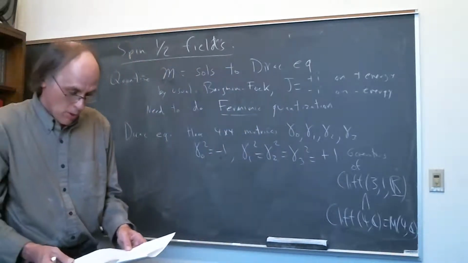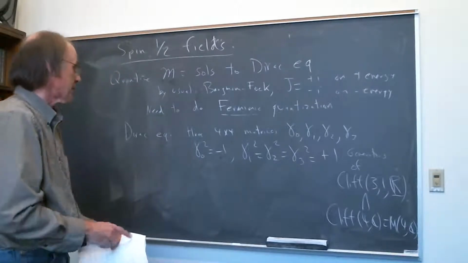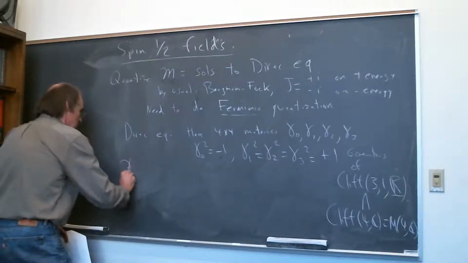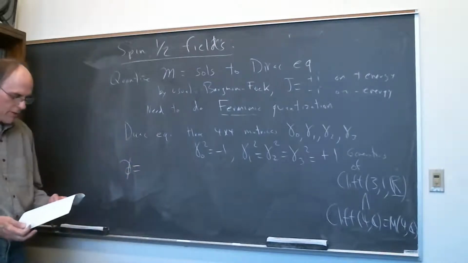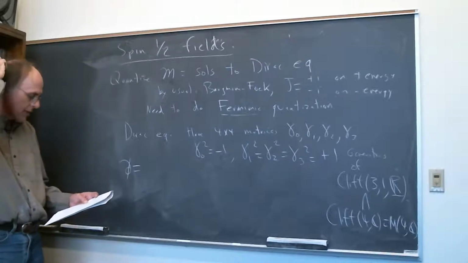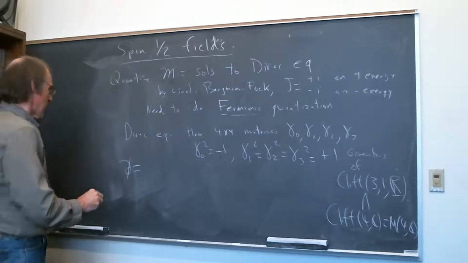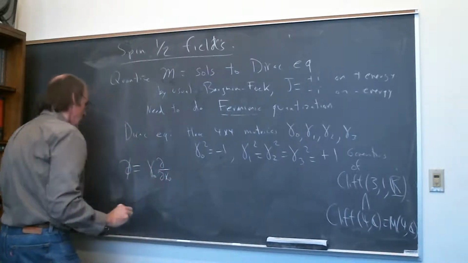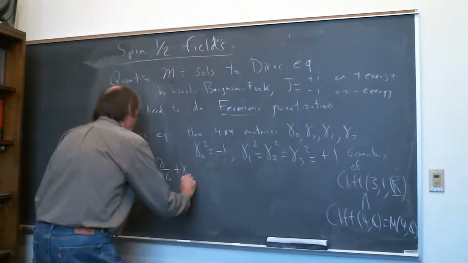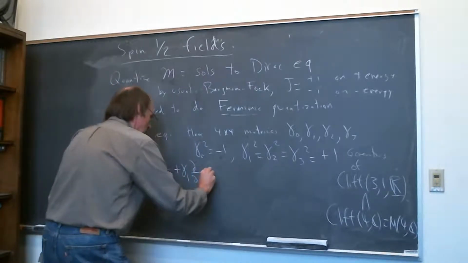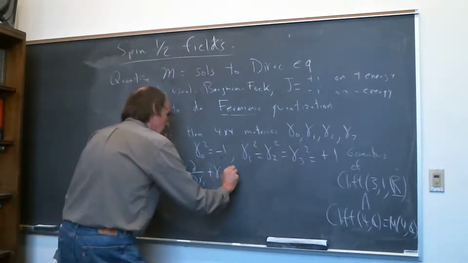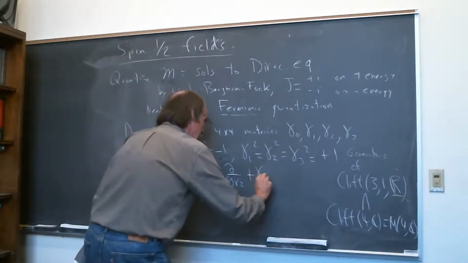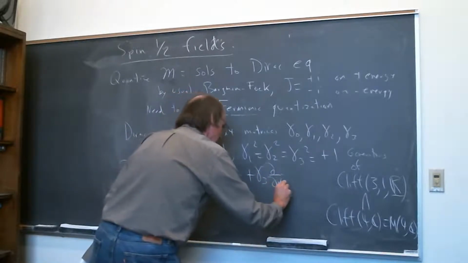Okay, so now let's define D slash. Let me write it this way: gamma 3 d/dx3.